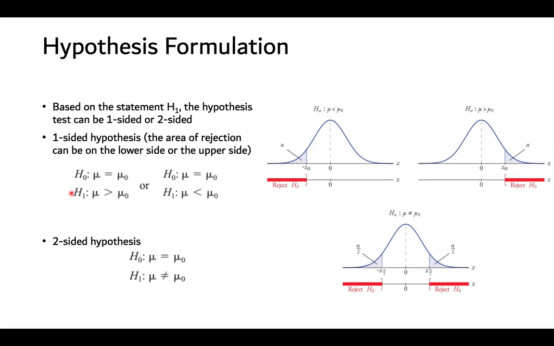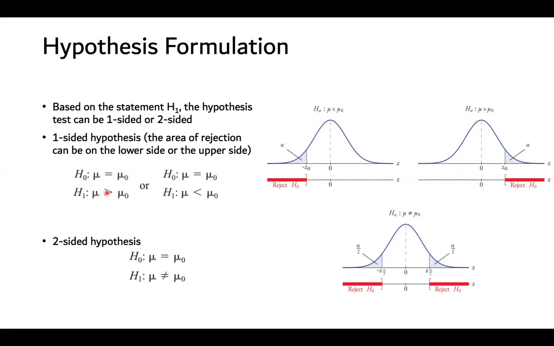Okay, so remember the H null always contains equality. For example, for the mean, the H null is mu equal to mu null, which is the mean of the population. So we claim that the mean of the population is equal to a certain number that we claim.